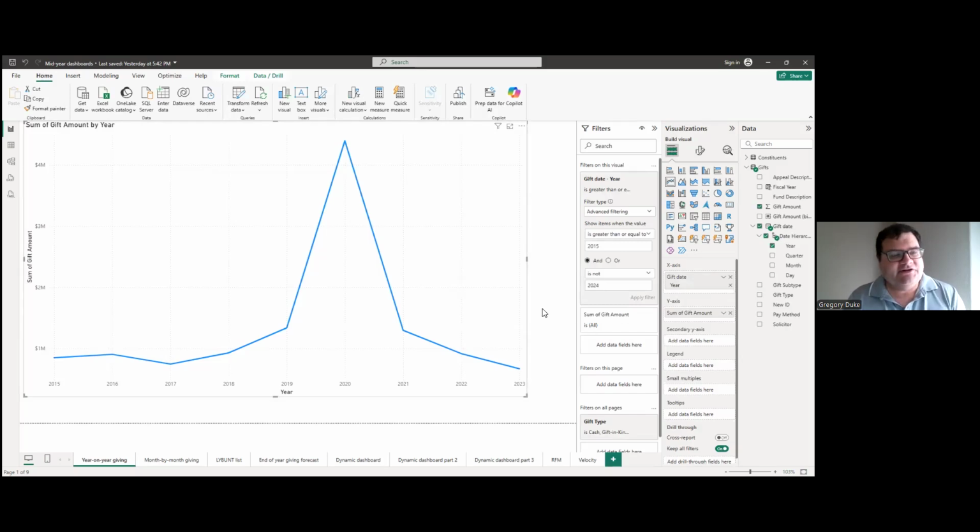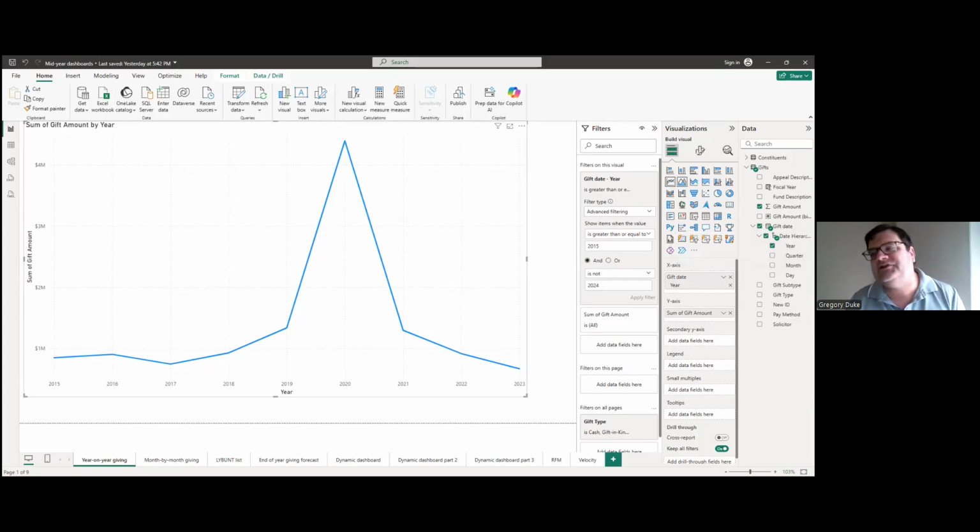So the first thing I'm going to show you is a year-on-year giving visualization. If you're using Power BI, what you'll want to do is pull your gifts into Power BI using Get Data, Excel workbook, and choosing under gift date the year hierarchy.